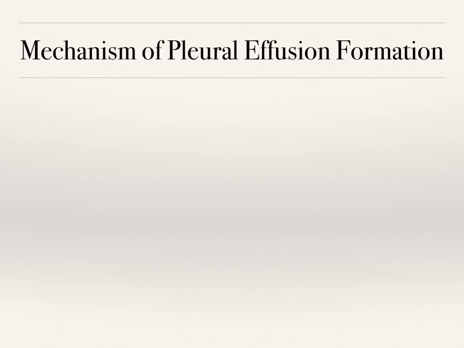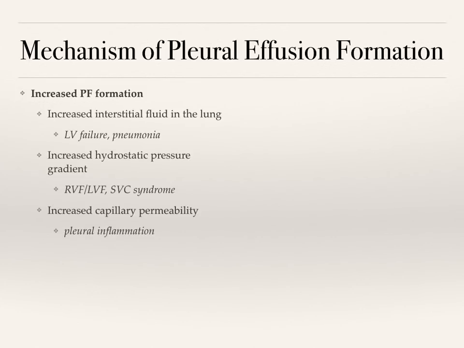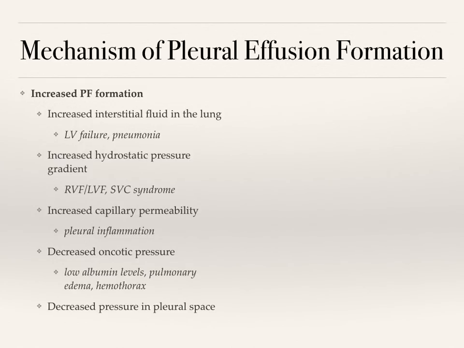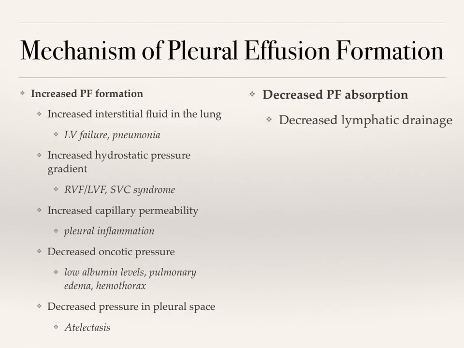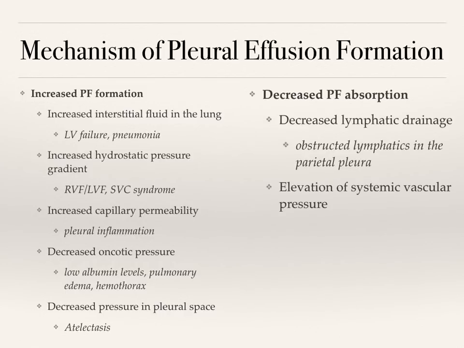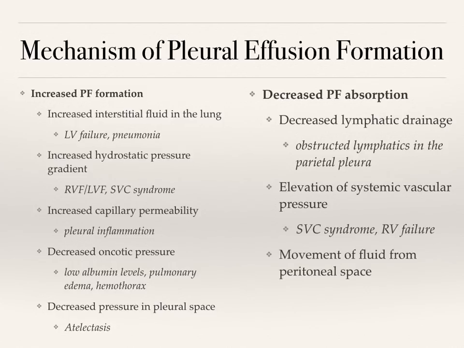The mechanism of how pleural effusion can happen is shown in this slide, wherein we can divide this formation process into either increased pleural fluid formation or decreased pleural fluid absorption. Increased pleural fluid formation can be subdivided into the following. Either there will be an increased interstitial fluid in the lung, such as from left ventricular failure or pneumonia, or an increased hydrostatic pressure gradient caused by right ventricular or left ventricular failure or superior vena cava syndrome.